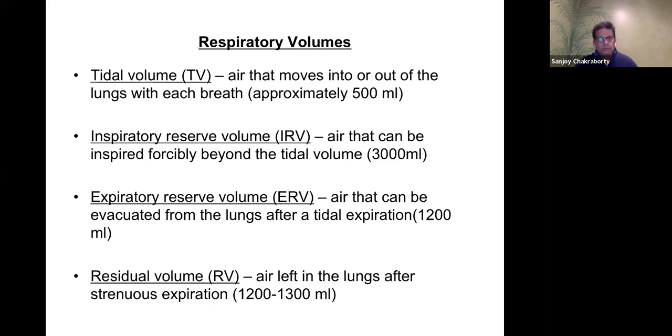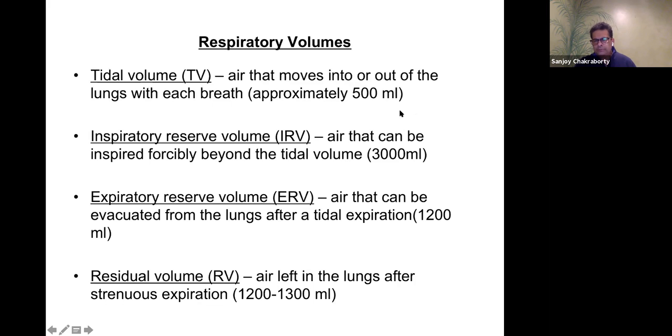Rest means right now, just learning, not too much physical activity, or when you're sleeping. We breathe in and breathe out the same amount, which is approximately 500 ml.